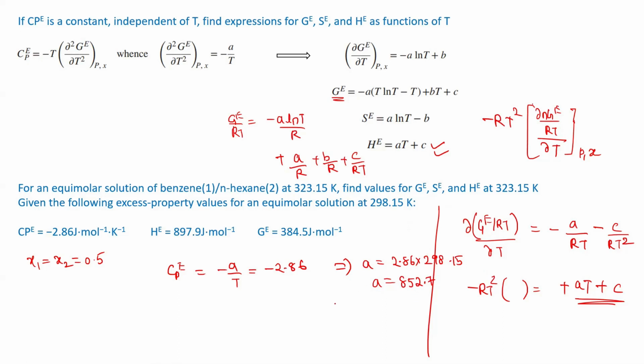Now, I have the HE also, so I'll use this equation because I will clearly know what C is here. 897.9 equals 852.7, the A, into temperature, that is 298.15, plus C. Now I will get C. What is C here?